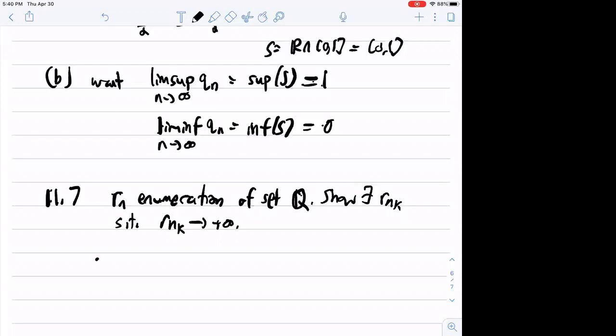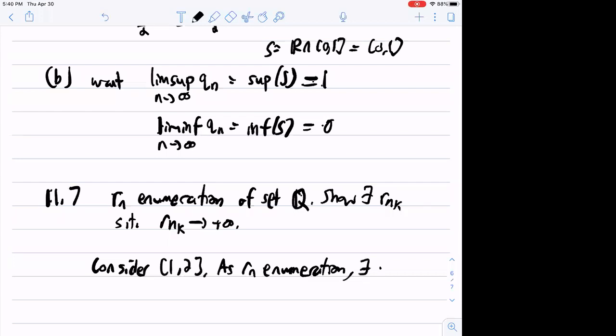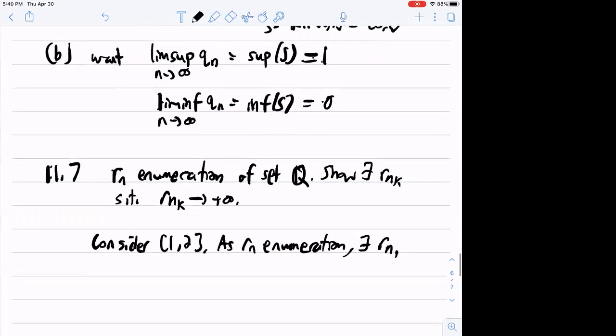So one possible way to do this is to consider (1, 2). Since r_n is an enumeration of all rationals, it must have all the rationals inside of (1, 2). So there exists r_{n_1} in Q such that r_{n_1} is in this interval.